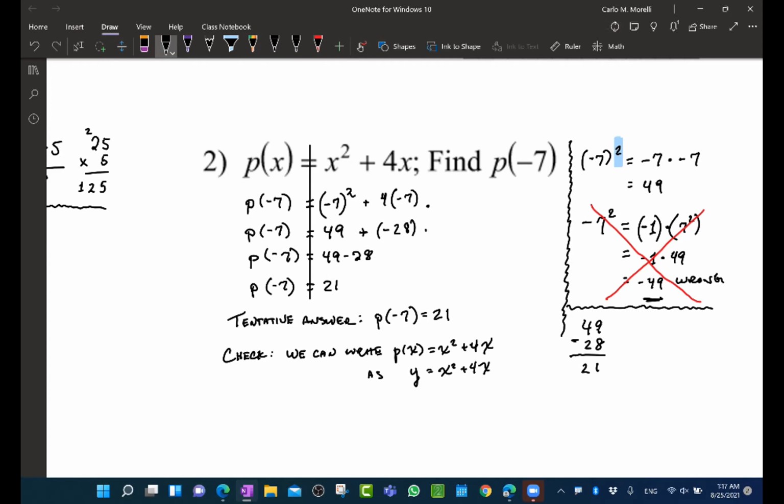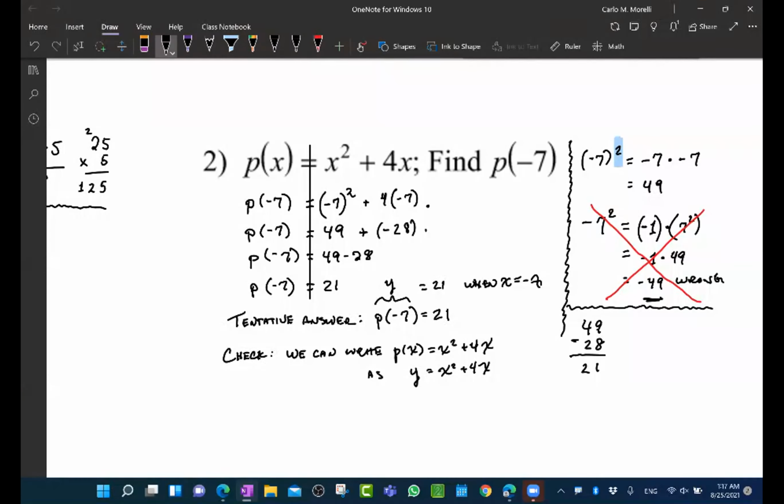And what we're saying here is we're saying that this right here is y. So y equals 21 when x equals negative 7.